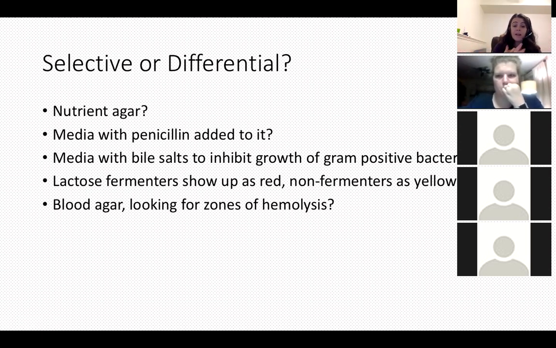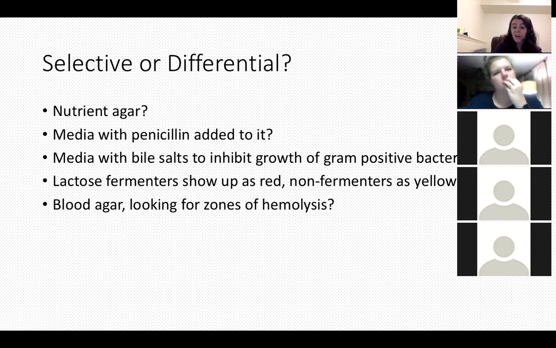So this last one, blood agar looking for zones of hemolysis. In this scenario, again, it would be differential because bacteria with the ability to lyse red blood cells will look different than bacteria that cannot lyse red blood cells.